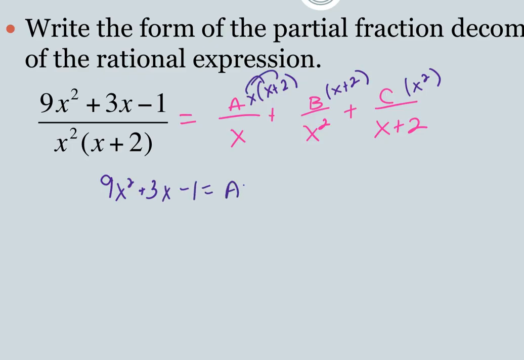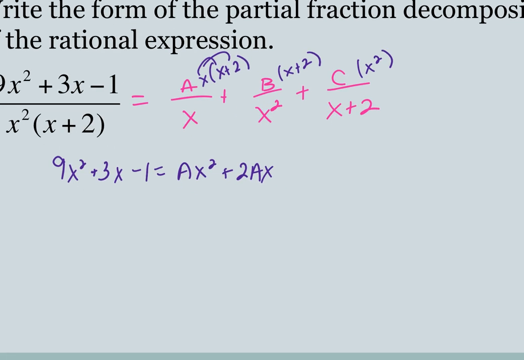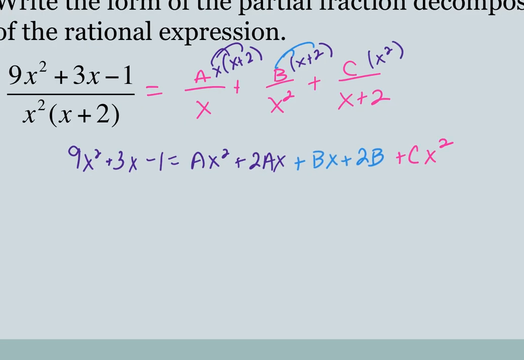So I get 9x squared plus 3x minus 1 equals, I'm going to distribute this while I write it. So ax squared plus 2ax plus b times x plus b times 2 plus cx squared. Then I'm going to group together all the squared terms.